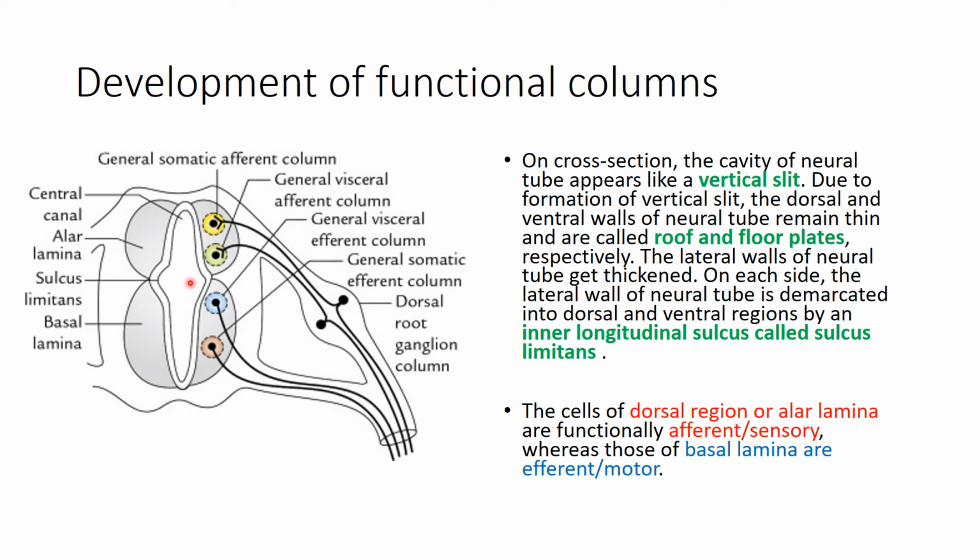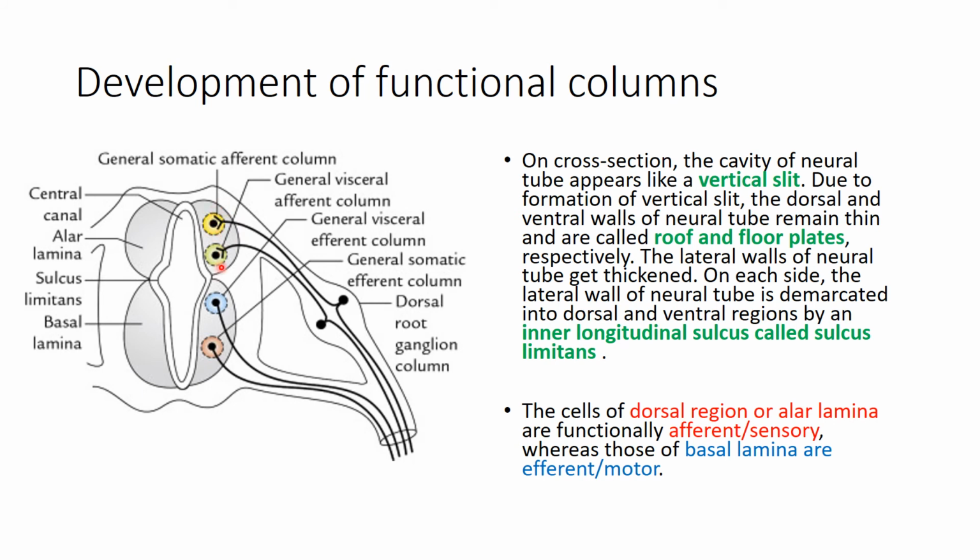A sulcus limitans develops in the middle, which separates the dorsal portion of the spinal cord from the ventral portion. The dorsal portion we call the alar lamina. The ventral portion we call the basal lamina. Now coming to the alar lamina, which is mainly a sensory component, it has two columns.